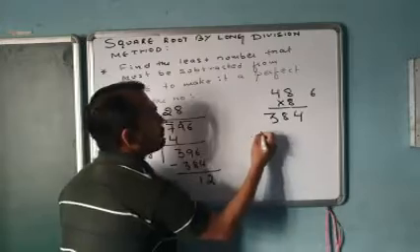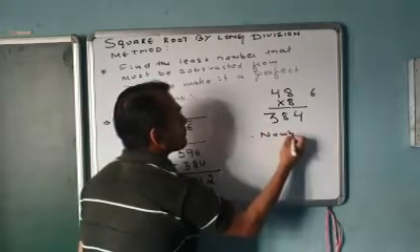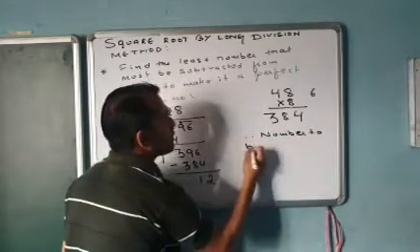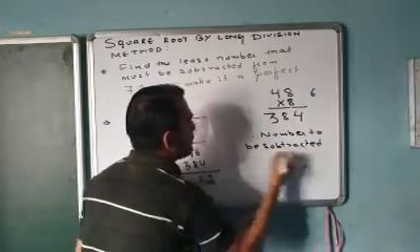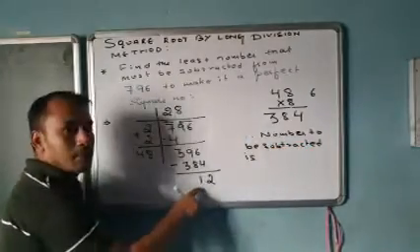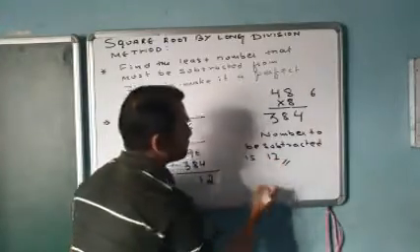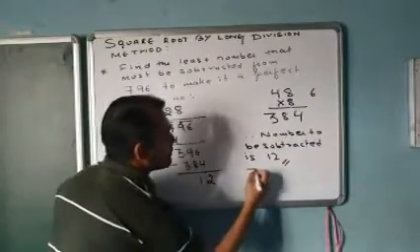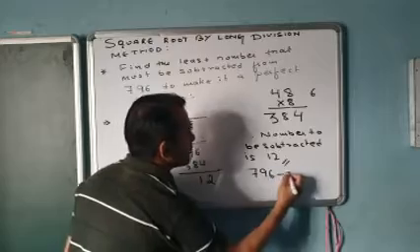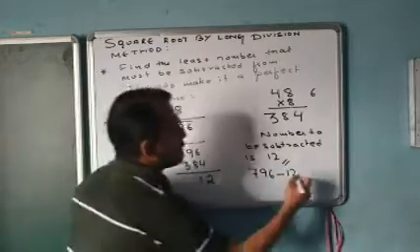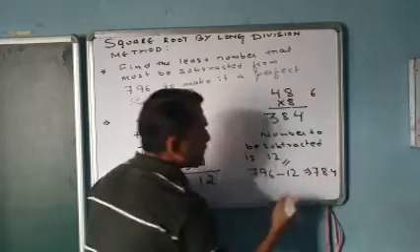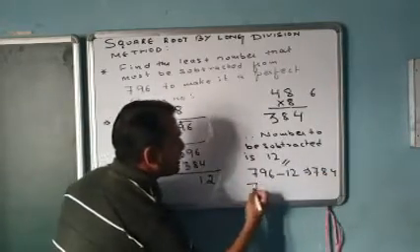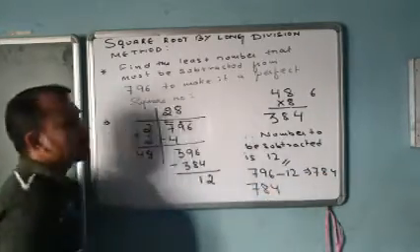Therefore, the number to be subtracted is, what is that number? 12. Now see, 796 minus 12, what did you get when you subtracted 12 from 796?